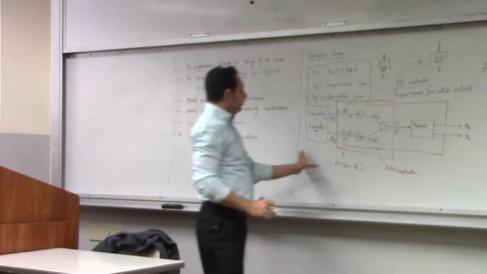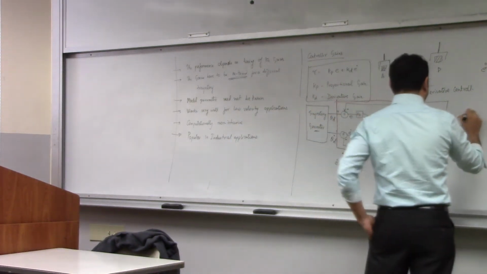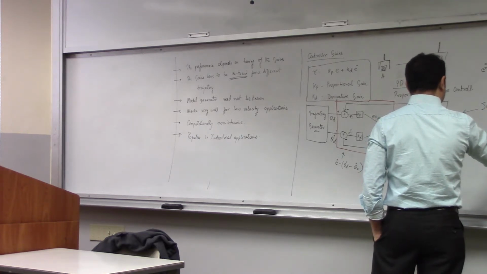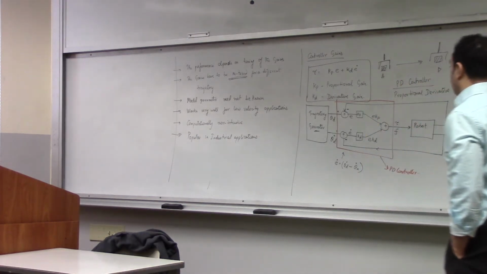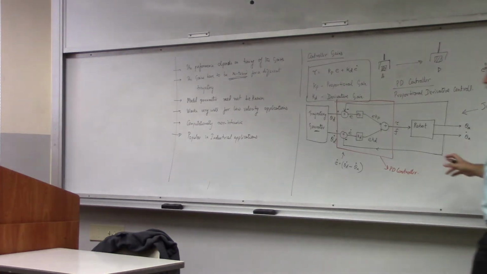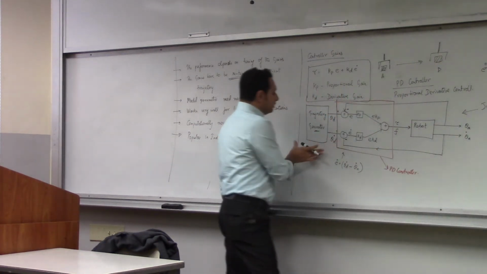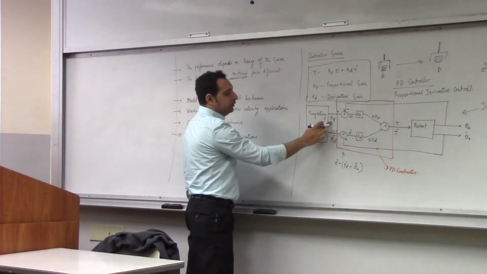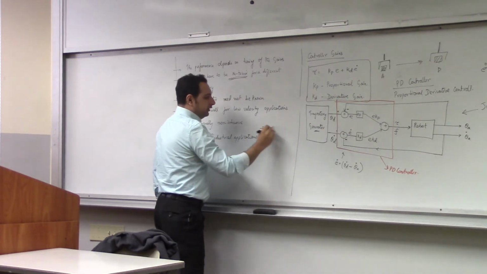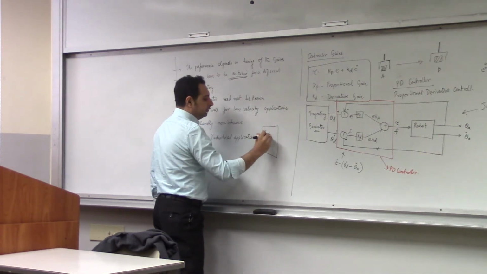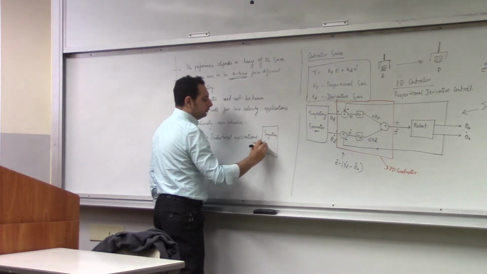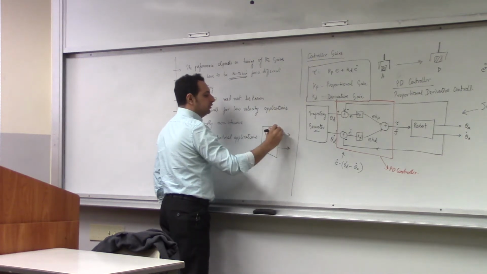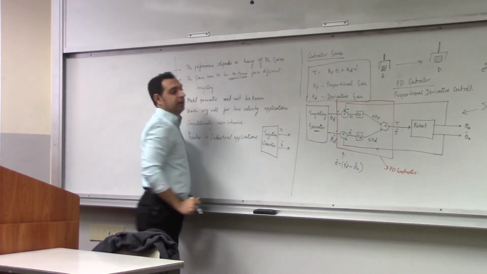Now, if you look at this control architecture, everything is in joint space. This is done in joint space, in terms of Q. If I want to work with a trajectory generator in Cartesian space, so that I'm not generating Q_d and Q_d dot, but it gives Cartesian coordinate points, X and X dot, then how will this change?